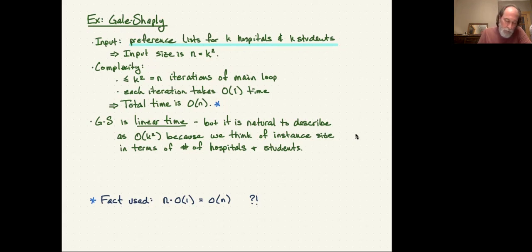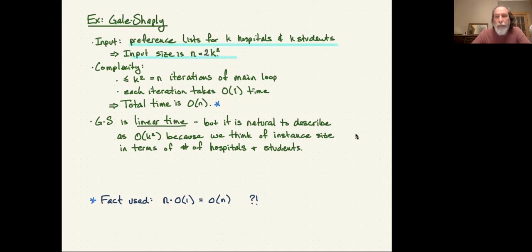The input size is actually 2K squared, because each hospital has a list of length K giving its preferences for students, and each student has a list of length K giving their preferences for hospitals.